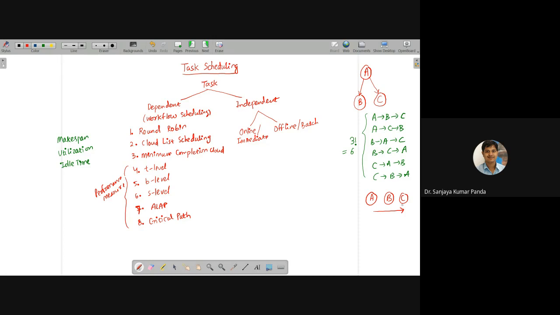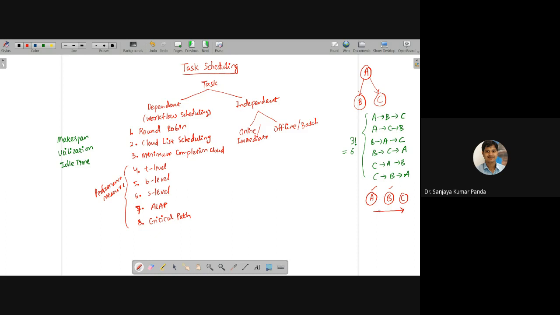So if you take 3 different tasks and they arrived in this particular order, in an online algorithm, suppose you are picking task A, you don't have any knowledge of B and C. When you pick task B, you don't have any knowledge of C. So that type of scheduling is called online or immediate mode scheduling.